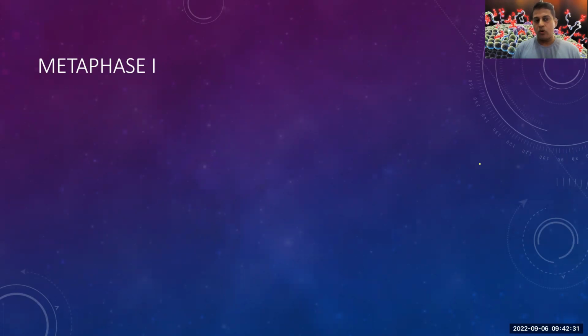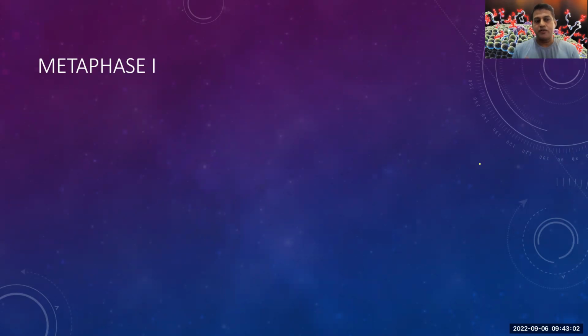As I told you before, in meiosis, what are the two main important phases? Prophase 1 and metaphase 1. In prophase 1, we have seen homologous chromosome overlap, synapsis, synaptonemal complex, and crossing over of the chromosomes, and they form this chiasma.